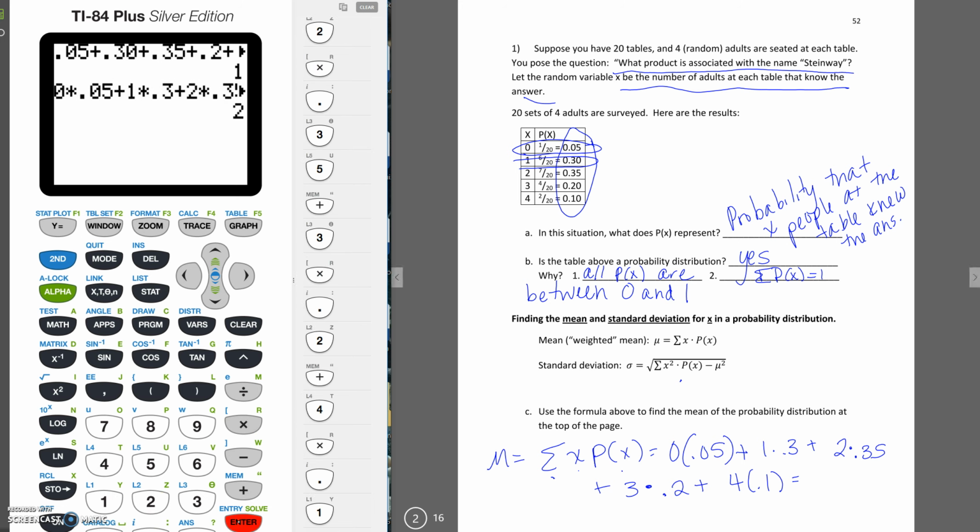So here we get 2. So our mean is 2. Now we'll see in a minute that the mean is also known as the expected number, expected value. And what this means is that, on average, you would expect 2 people out of the 4 to know the correct answer.